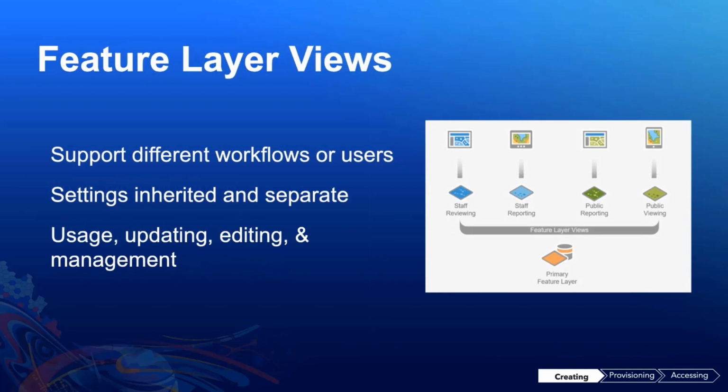Another good note about feature layers specifically and setting properties on them is that there's this notion of feature layer views. So you can create a source feature layer and then create essentially database views on top of that, which still reference the underlying data, but can have different sets of properties.